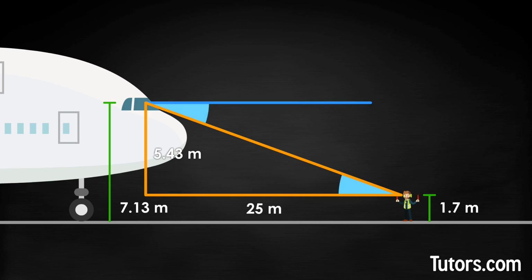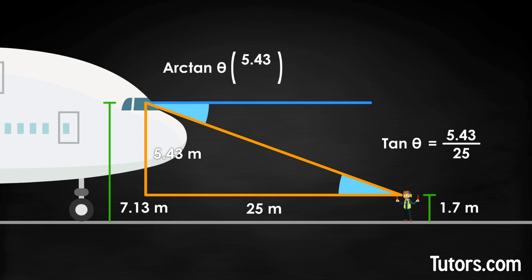Setting up to find the tangent allows us to find the inverse, the angle itself, using arctangent. First, we find tangent using our formula. Tangent equals the opposite side divided by adjacent side. So we have tangent equals 5.43 divided by 25. Inverse of tangent to find the angle.